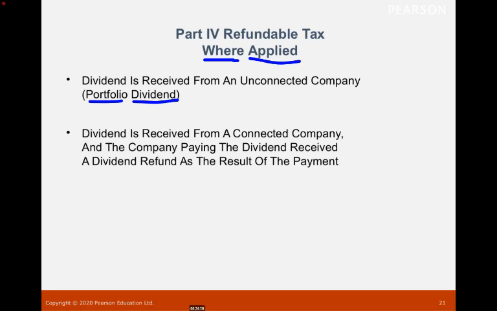So a dividend that is received from an unconnected company, i.e. a portfolio dividend. We'll define a connected company in a moment. The other one is a dividend that is received from a connected company, and the company paying the dividend received a dividend refund as a result of the payment.